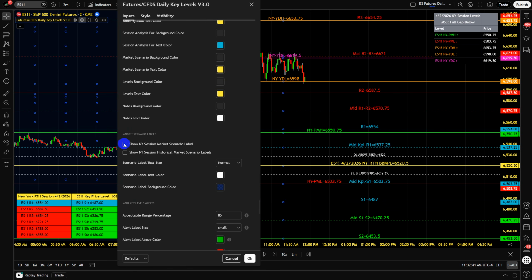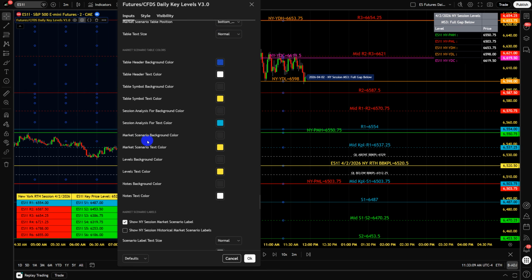Also, we have market scenario labels. As an example, if I click on market scenario label, you're going to see basically the same label here: April 2nd, 2026, New York session, market scenario 3, full gap below. So this is just giving you the market scenario number, both here and here.